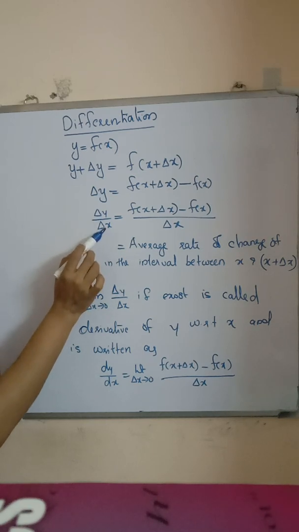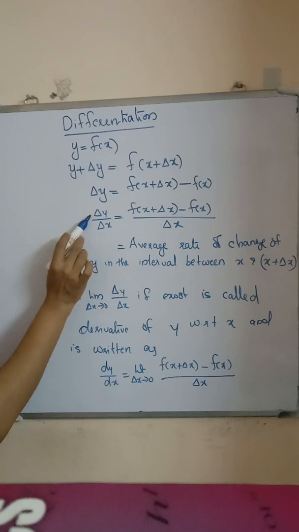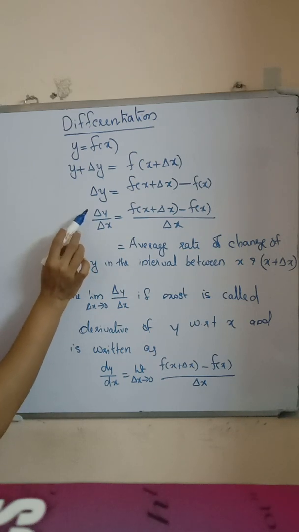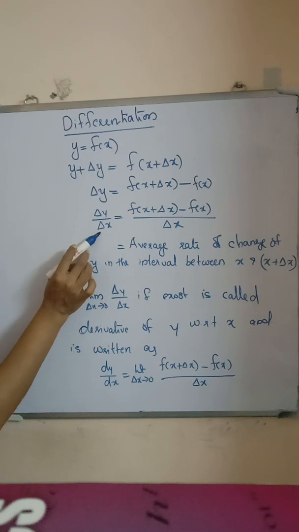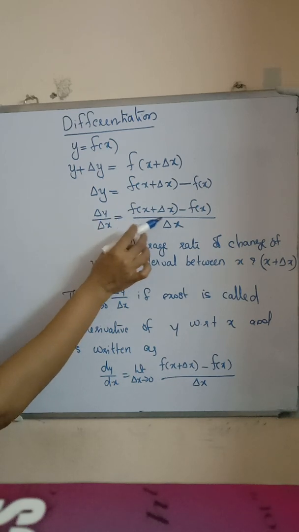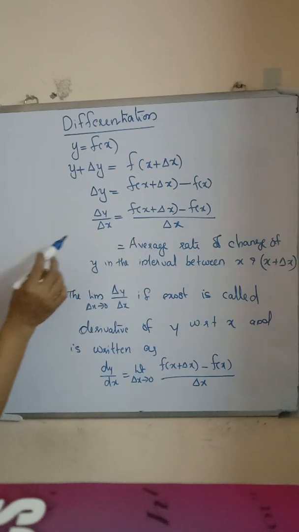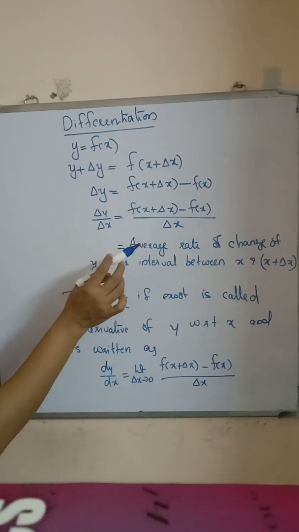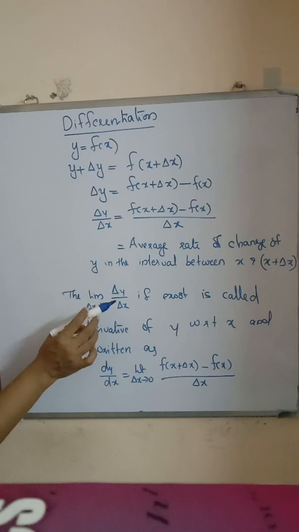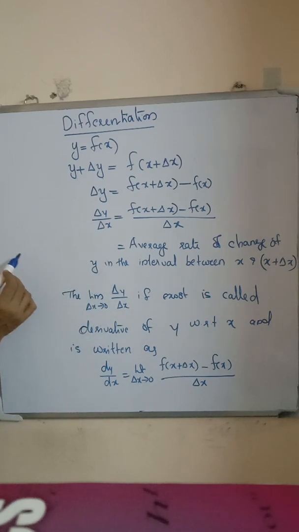So delta y by delta x. What is delta y by delta x? Change in y with respect to change in x. That is, delta y by delta x equals f of x plus delta x minus f of x divided by delta x. That is the average rate of change of y in the interval x and x plus delta x.